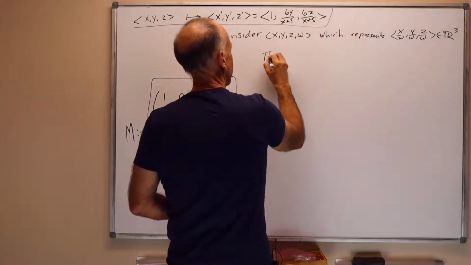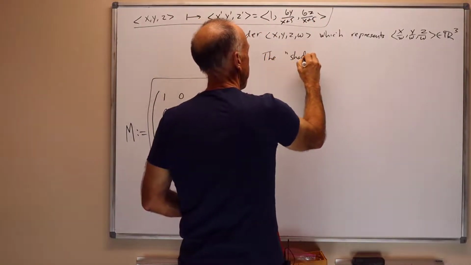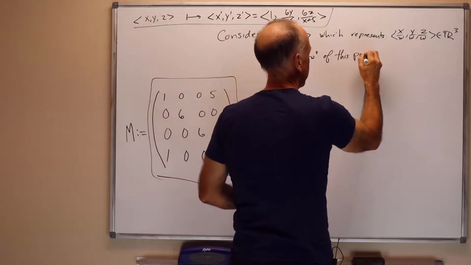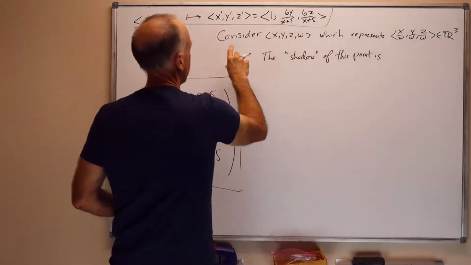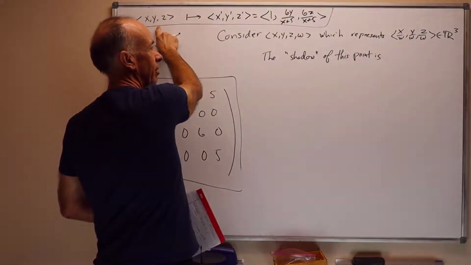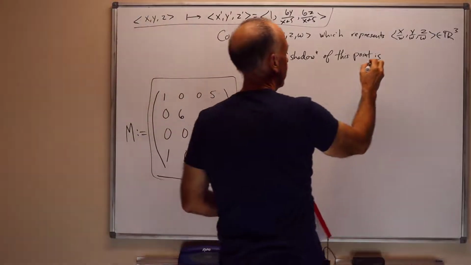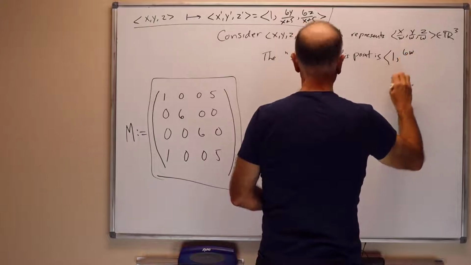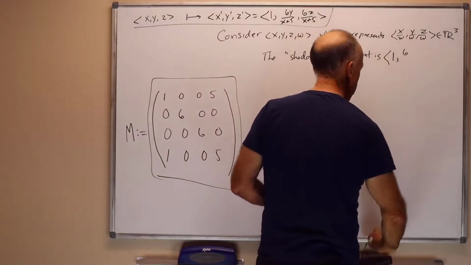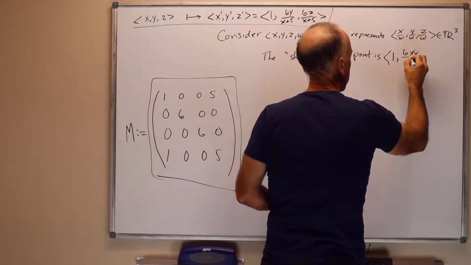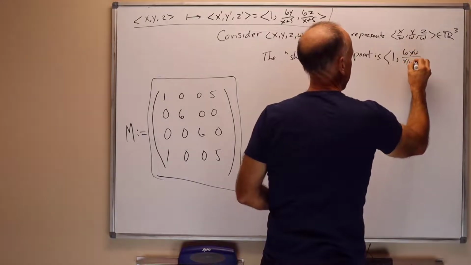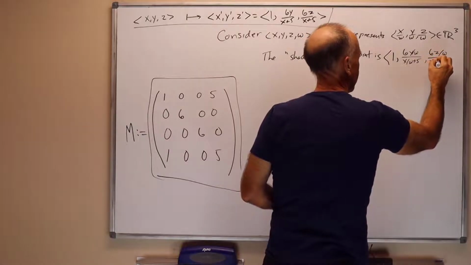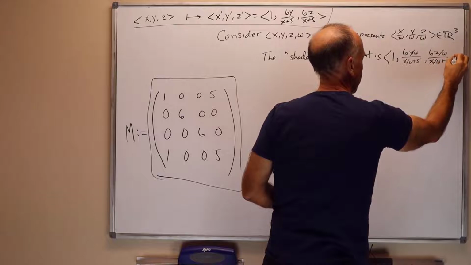So the shadow of this point on the wall x equals 1 is given using this formula here, but using x over w, y over w, z over w instead of x, y, z. So it's 1, 6y over w, x over w plus 5, 6z over w, x over w plus 5.